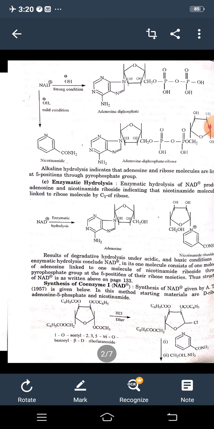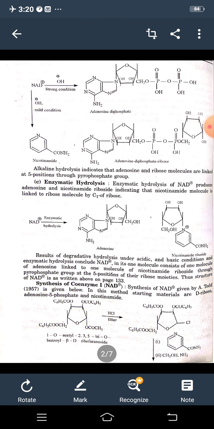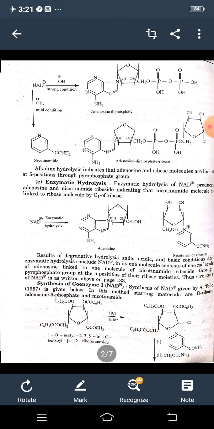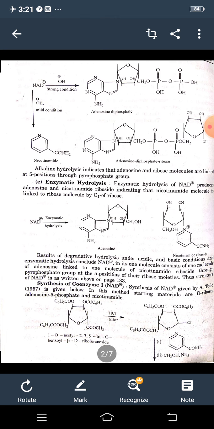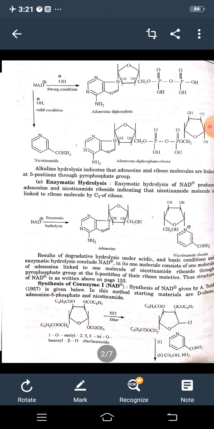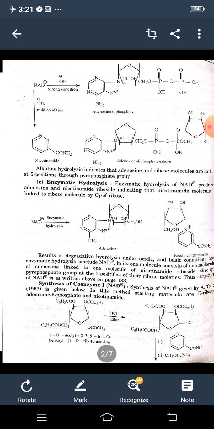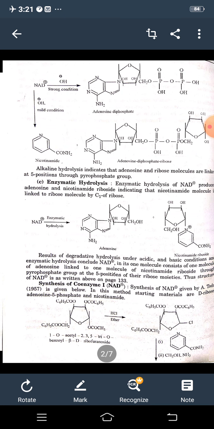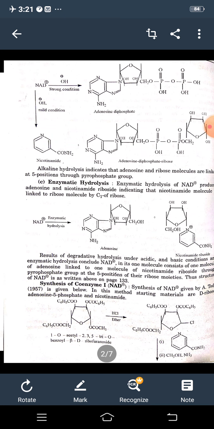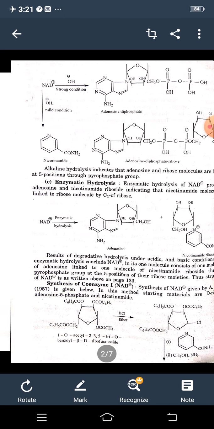The results of degradative hydrolysis under acidic, basic conditions and enzymatic hydrolysis conclude that one molecule of NAD+ constitutes one molecule of adenosine linked to one molecule of nicotinamide riboside through a pyrophosphate group at the 5 position of their ribose moieties. The structure of NAD+ is written as shown in this example.